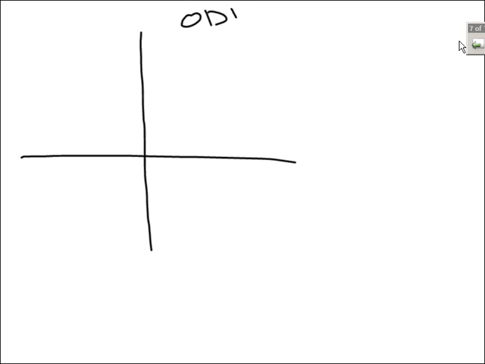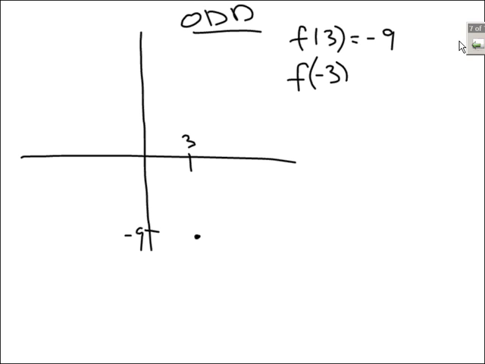Now, what does an odd function do? I'm telling you the graph is odd. Well, for this x value, for 3, you get back negative 9. So f of 3 is negative 9. If you plug in not 3, but negative 3, you get back negative f of 3.